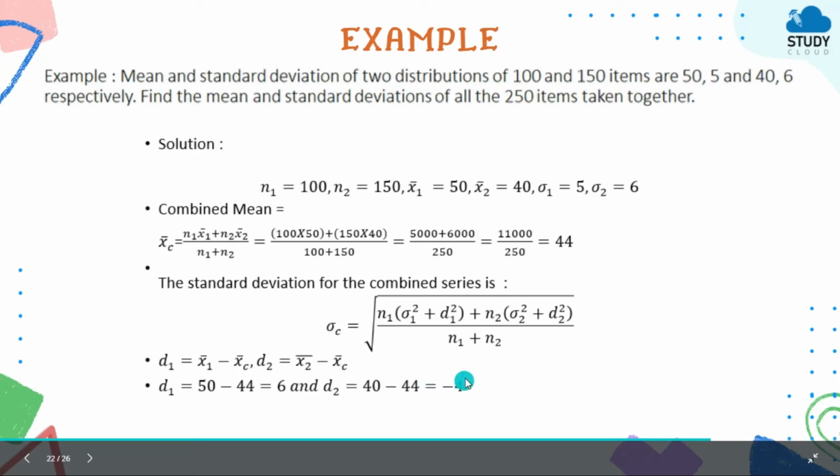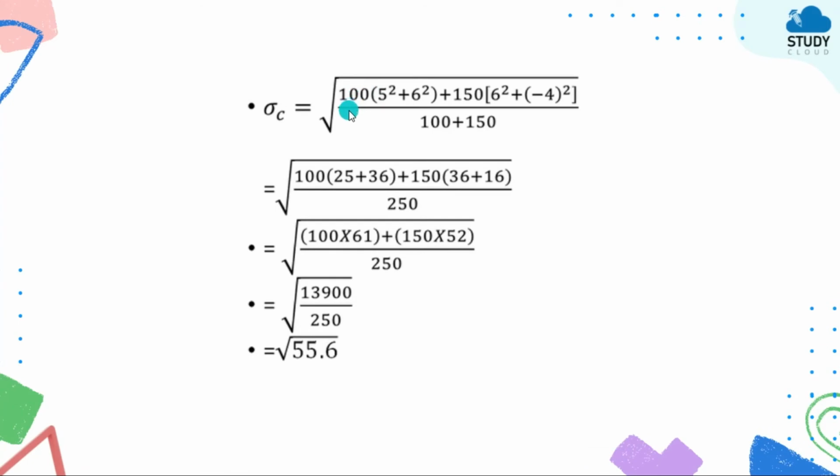Now as per the question, just substitute all the values in this formula and we will get under root 100, then open the bracket, in the bracket write 5 square plus 6 square, plus 150, then 6 square plus minus 4 square, then close the bracket, upon 100 plus 150.